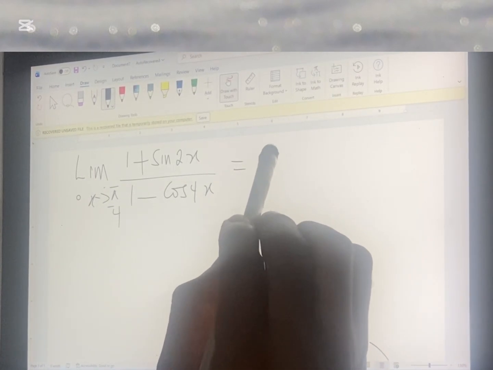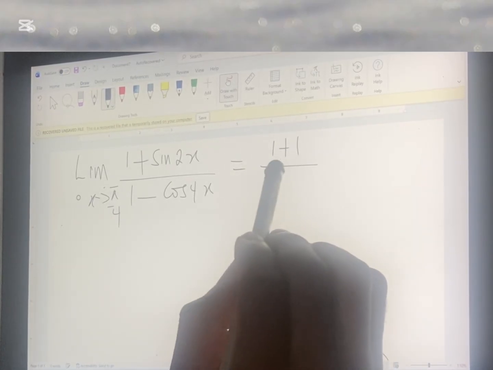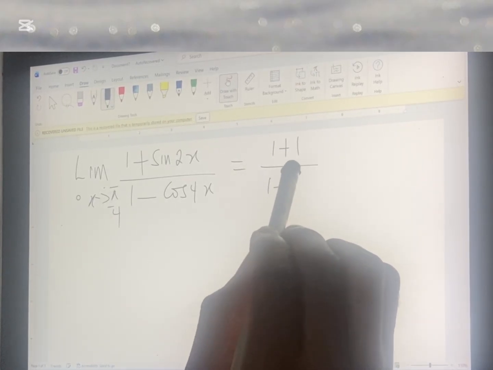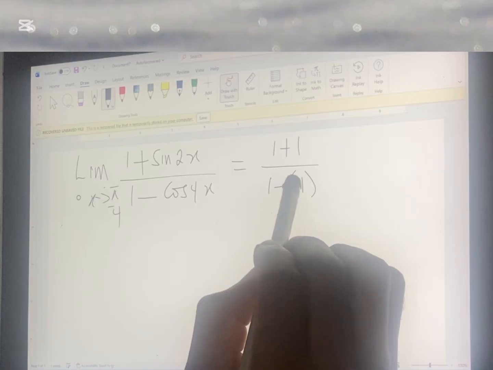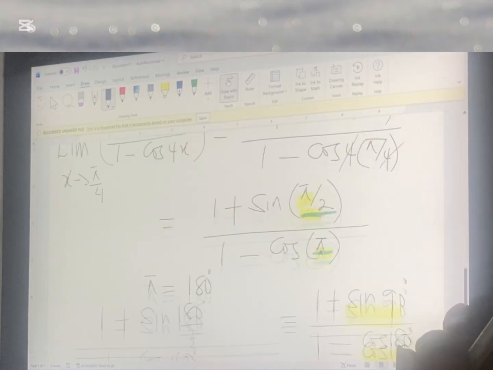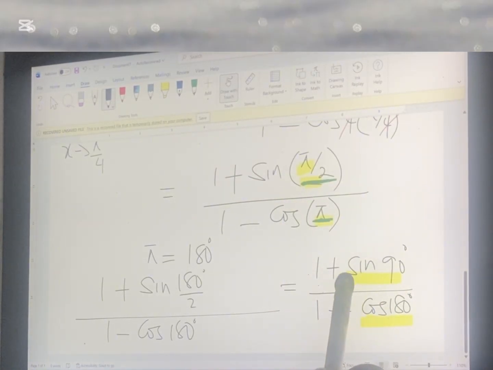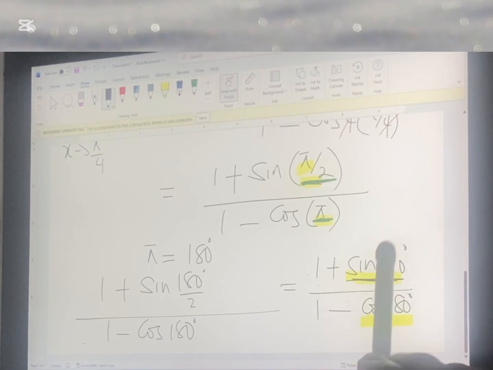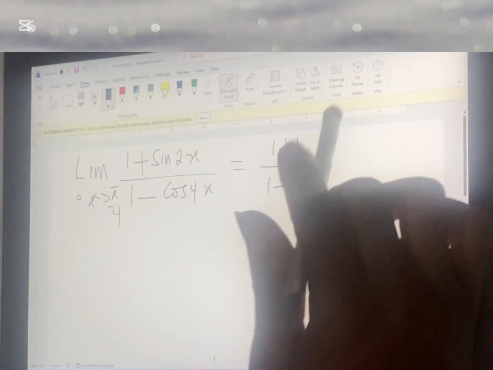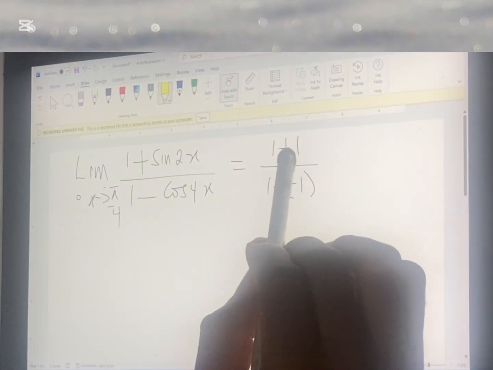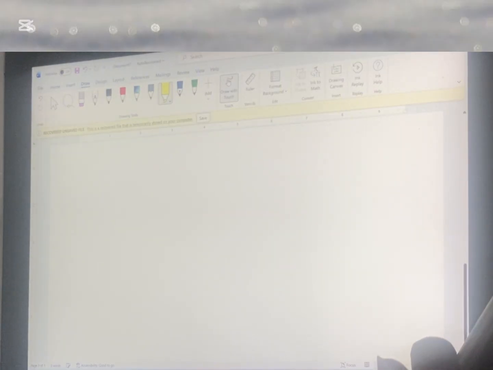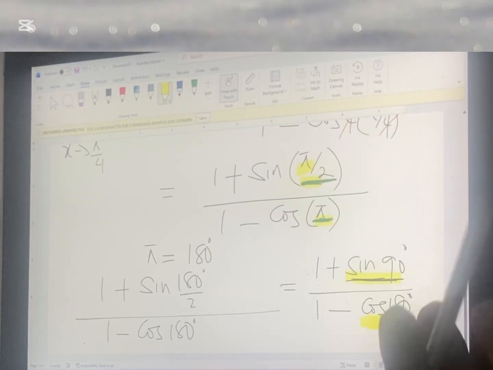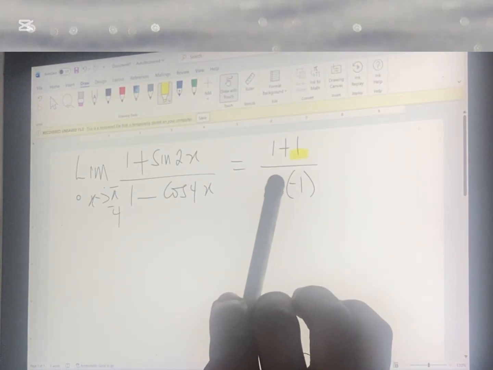That is 1 plus 1 over 1 minus into minus 1. Remember, we are still working on this guy here. Sine 90 will give us 1, that is this one here. Cos 180 will give us minus 1, that is this minus 1 here.